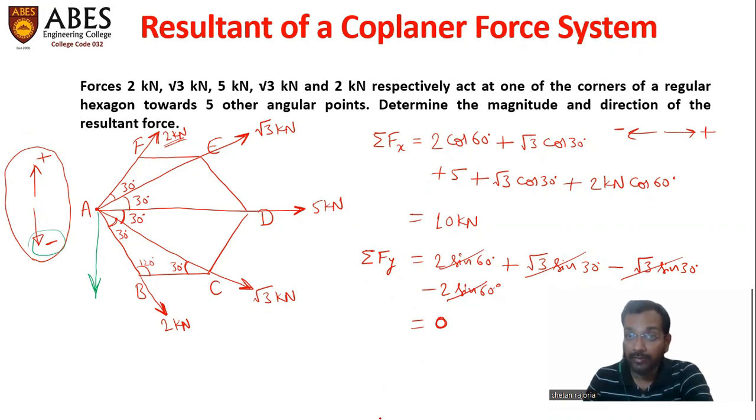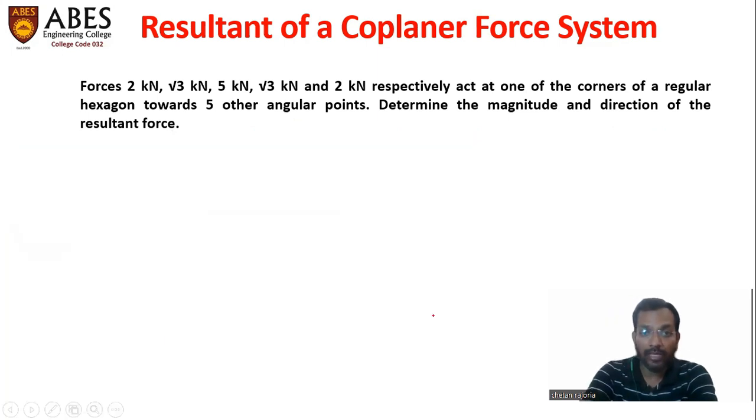Now, how to calculate the resultant of all these 5 forces? Total resultant or complete resultant. We can see the summation of horizontal components is 10 kilonewton. The summation of vertical forces is 0. Therefore, we can calculate the resultant in this way.